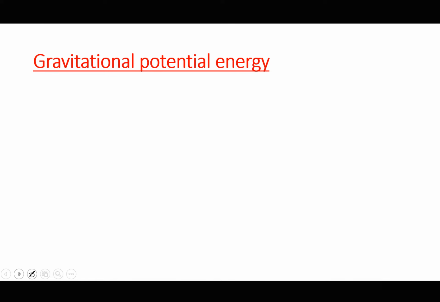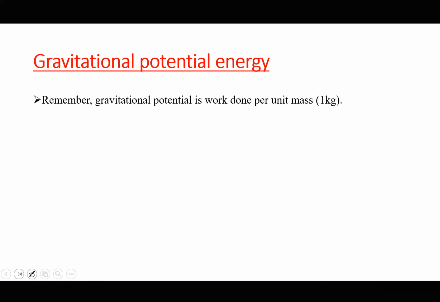So one important thing we need to remember is that gravitational potential is work done per unit mass, where we were considering 1 kilogram mass. We were considering moving a 1 kilogram mass from infinity.